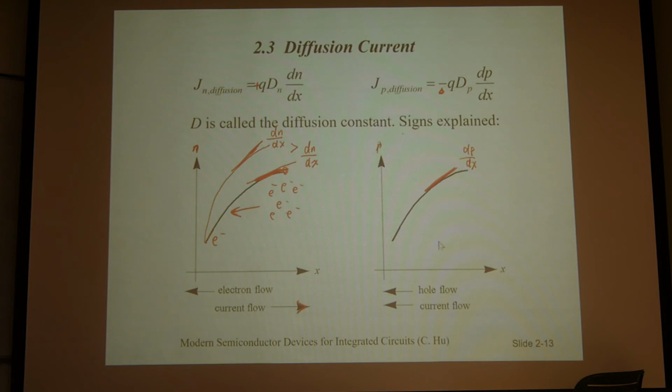But since the holes will also move in the same direction, the current will also move to the left. That means current is negative. So that's why you need to have a negative sign here for the hole diffusion. This is purely by definition because the electron and hole flow directions are different.